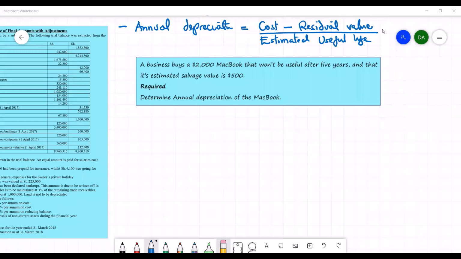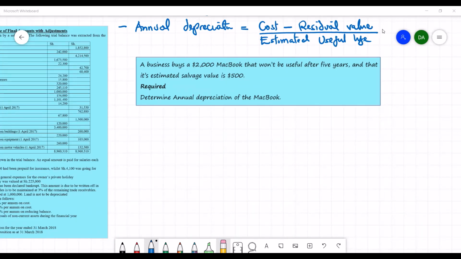A business buys a $2,000 MacBook that won't be useful after 5 years, and its estimated salvage value is $500. Required, determine annual depreciation of the MacBook. We can use the formula that applies the estimated useful life of the asset, because we have been given the useful life.